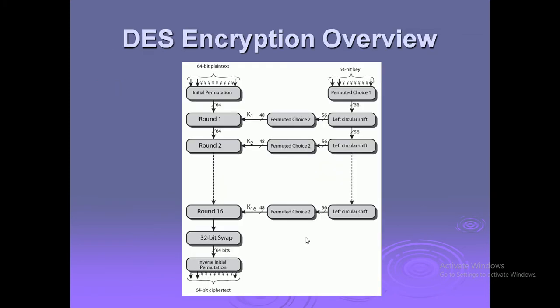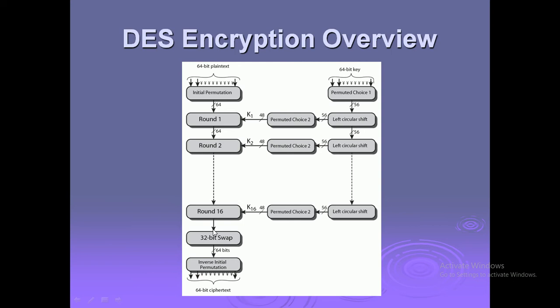DES encryption overview. This is the diagram of the DES encryption. Here the 64-bit plain text is input to the initial permutation, and the output of the initial permutation is input to round 1, and round 1 also takes the subkey K1. There are a total of 16 rounds.